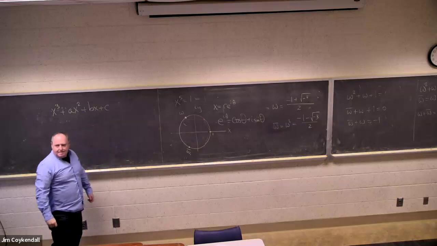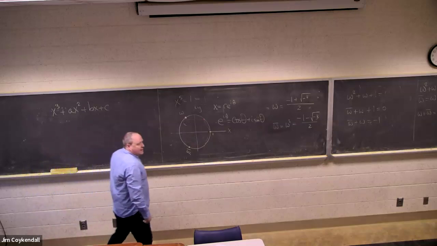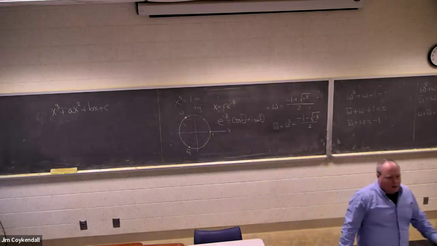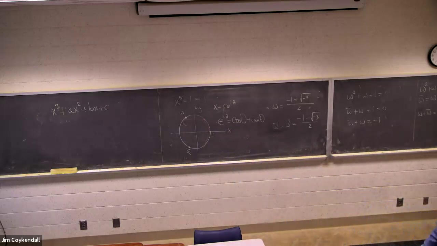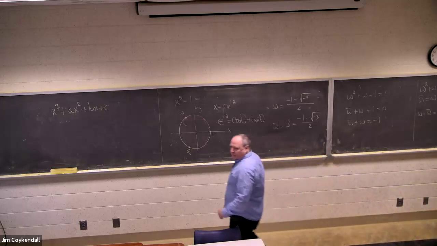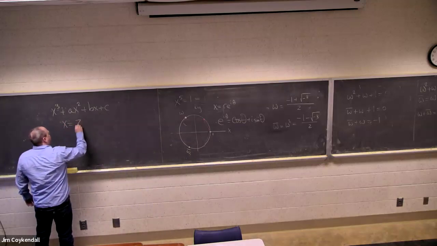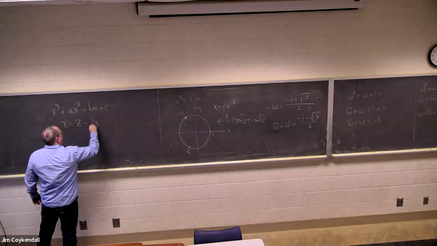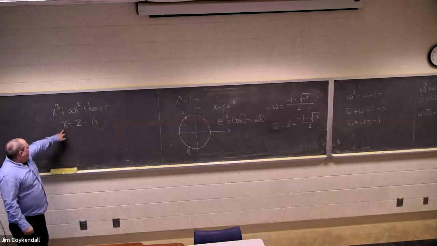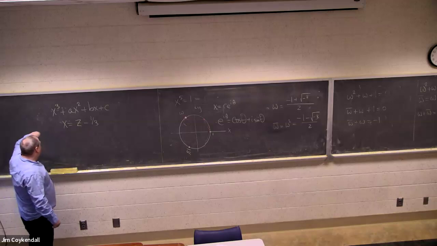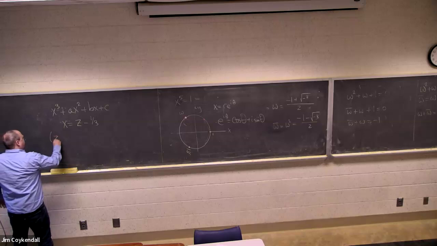I'm going to do something sort of like completing the square to make this a little bit simpler. I am going to get rid of the x squared term by doing the following change of variables. And notice, really, this is just going to shift our answers a little bit, but what's the point? Well, this is a big mess.